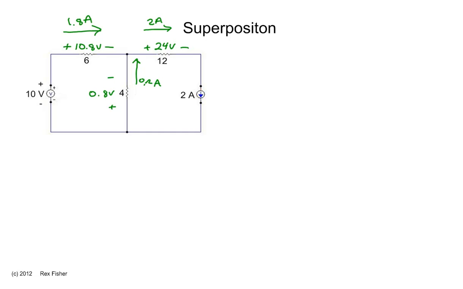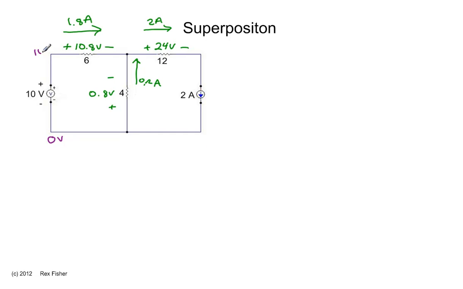Let's see if this makes any sense. According to Kirchhoff's voltage law, if we go around each one of these loops, all the voltages should add up. So if we start here at 0, and we go up around this direction, we're going to go up 10 volts.